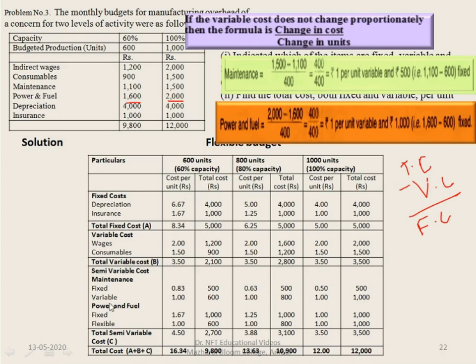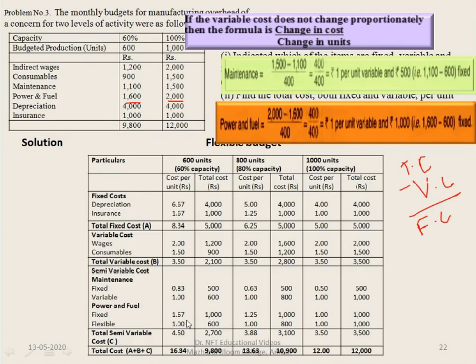Coming to the variable cost, it is rupee 1. In case of variable cost, per unit remains constant. So 1 rupee, 1 rupee and 1 rupee. 1 into 600 is 600, 1 into 800 is 800 and 1 into 1000 is 1000. So this is what it is for maintenance.